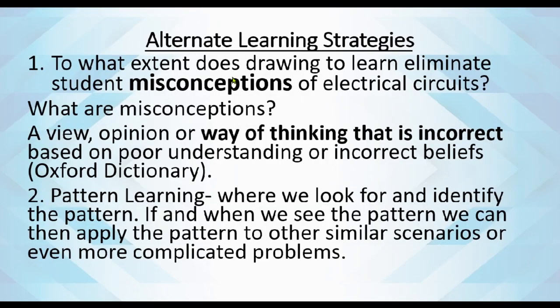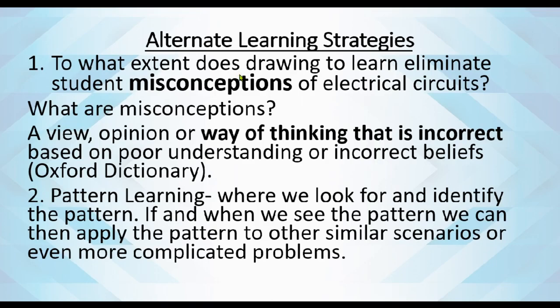For this lesson, we are going to use two alternate learning strategies, and the first one is misconceptions. Now, I know that sounds like a big, complicated English word. However, this is what it means. A misconception is an incorrect or inaccurate way of thinking.